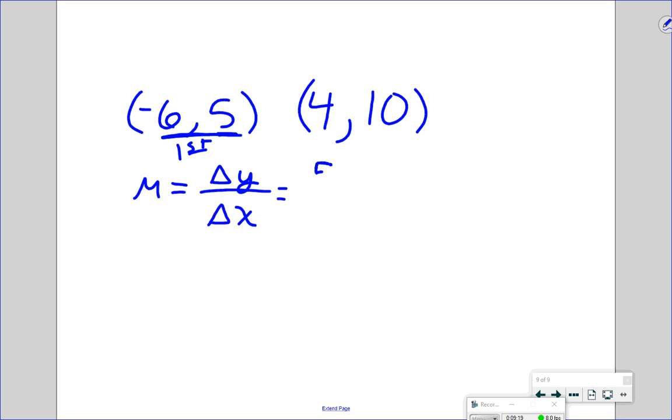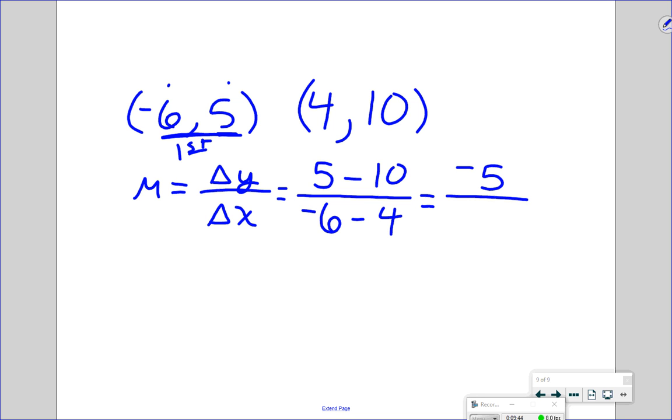So y is 5 minus the other y, 10. That's my rise. My run is the x's subtracted. So I started with 5 on this point, so I have to start with -6 when I do the x. Subtract the x's, -6 minus 4. And then I do that subtraction. 5 minus 10 is -5.